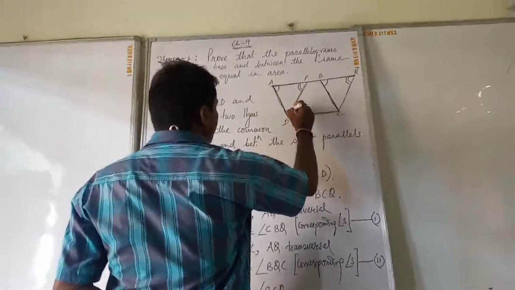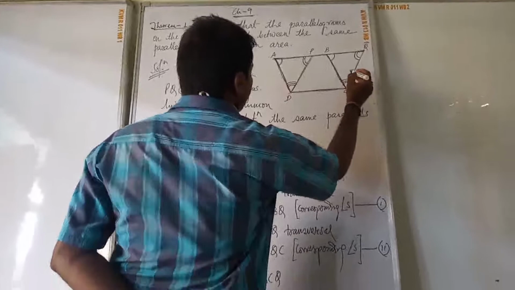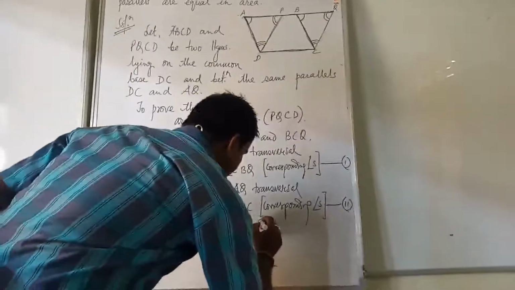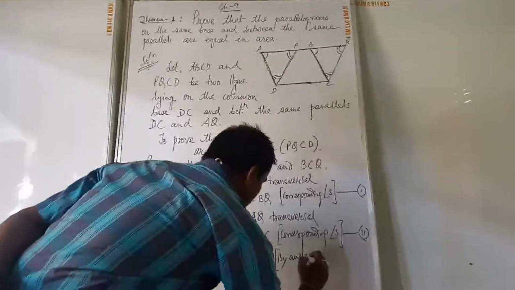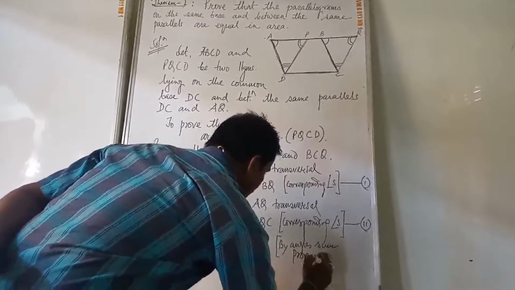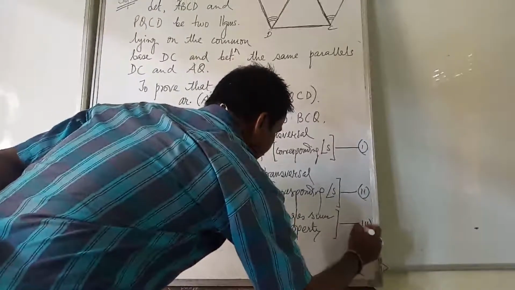This third angle, they are equal. The reason we can write by angle sum property. Let this be number 3.